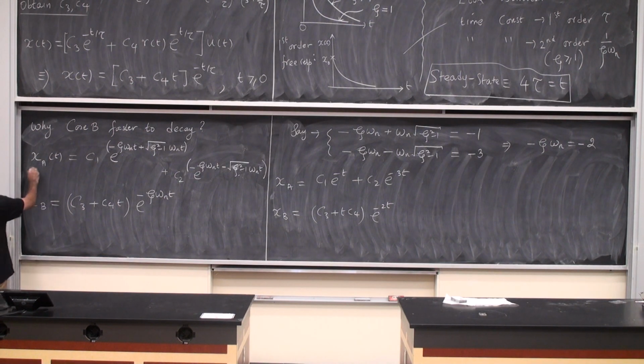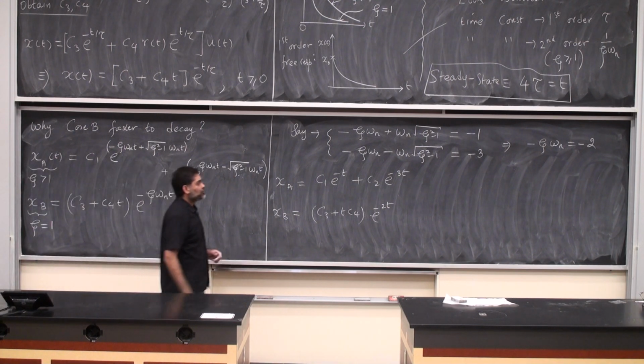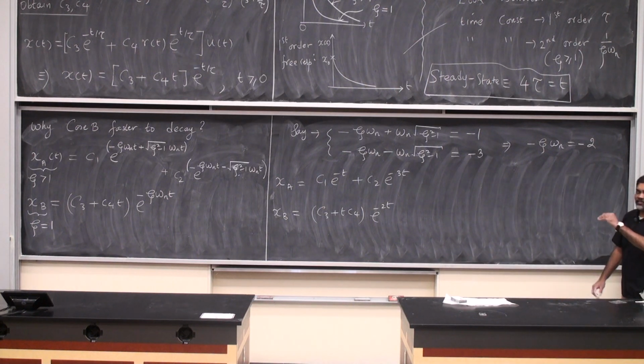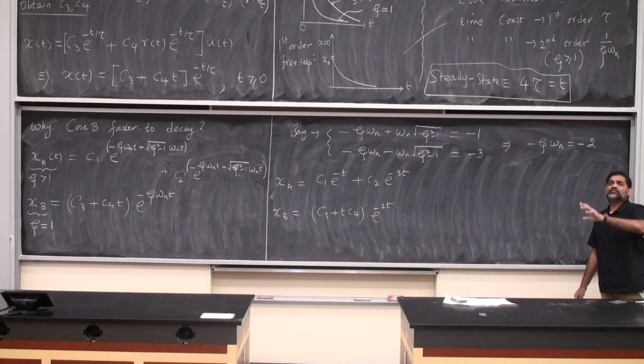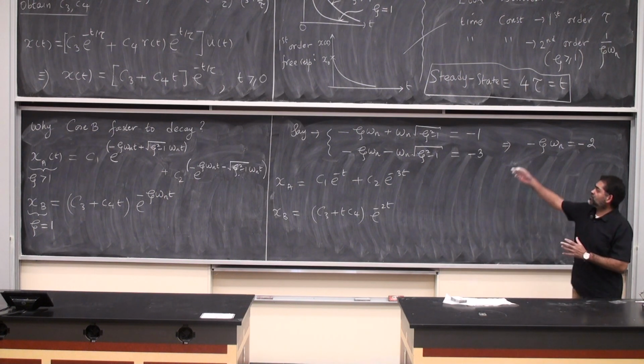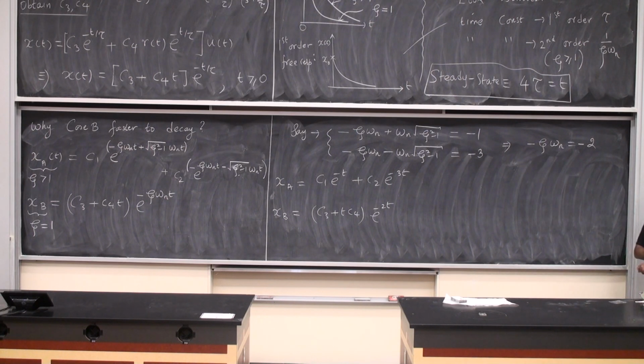Case A is when theta is greater than 1. This is equal to 1. So far so good. I have case A, I have case B. I arbitrarily choose some numbers, and I can do that because I can choose these parameters to get these values. I add the first two equations that I write here. I get this minus zeta omega n is minus 2. I write my solutions this way.